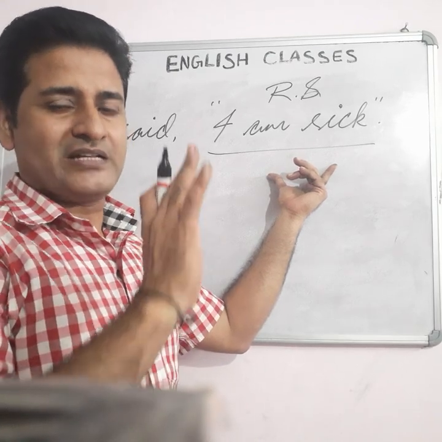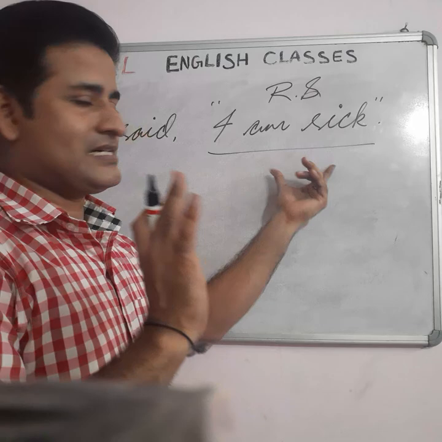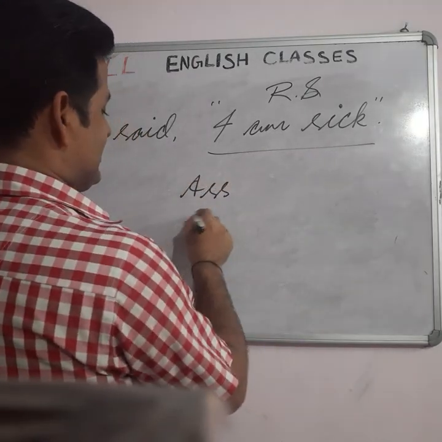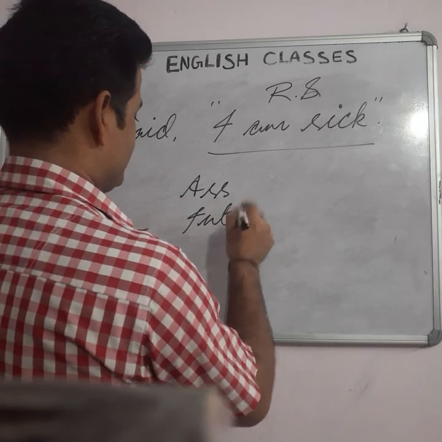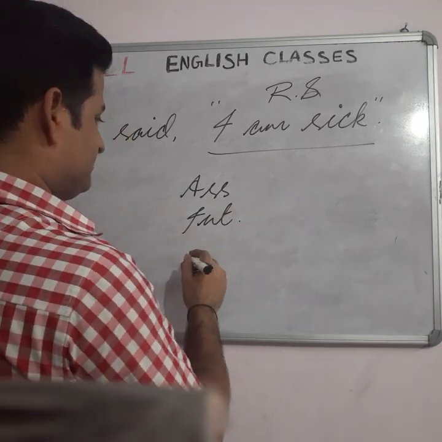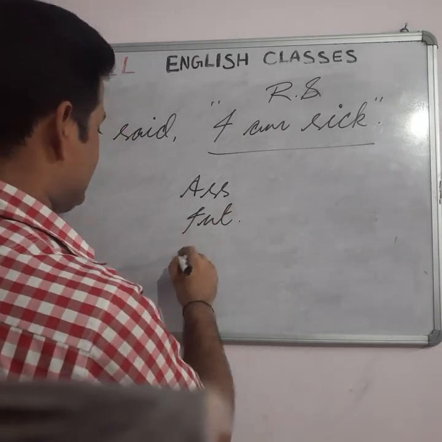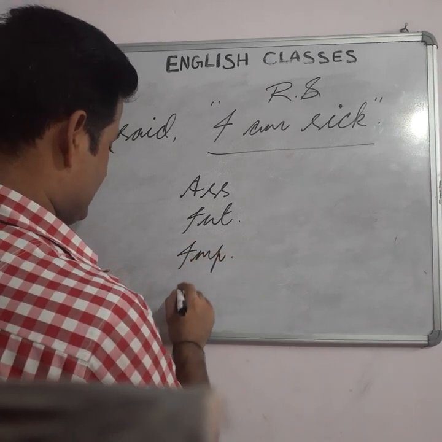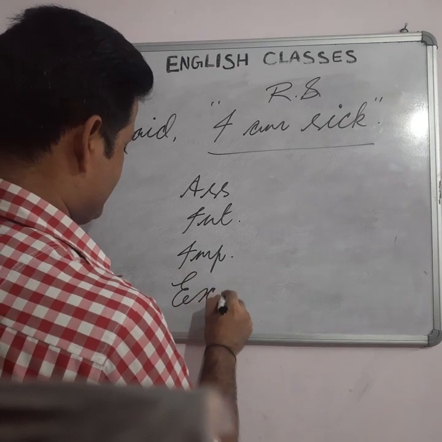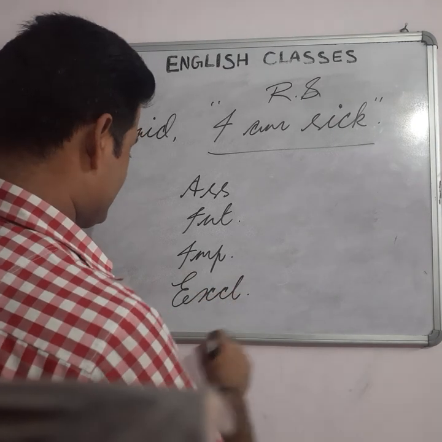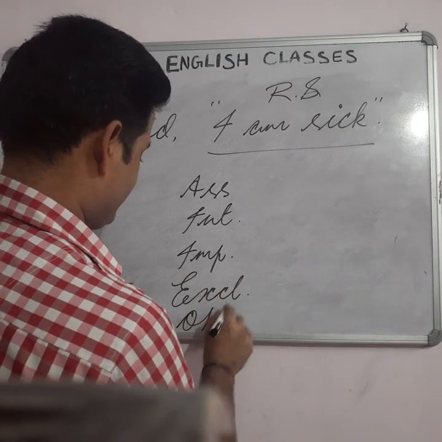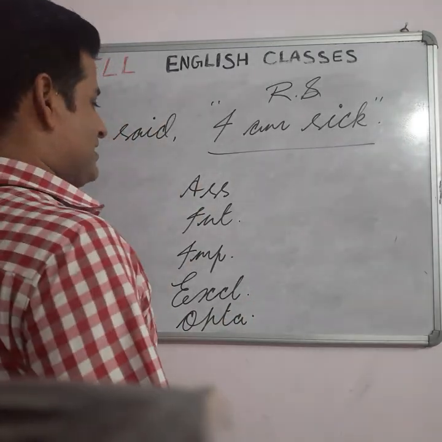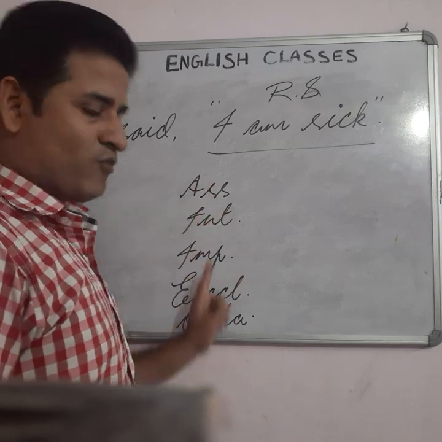As you all know, the 5 kinds of sentences are: assertive, interrogative, imperative, exclamatory, and optative. We need to consider them one by one.